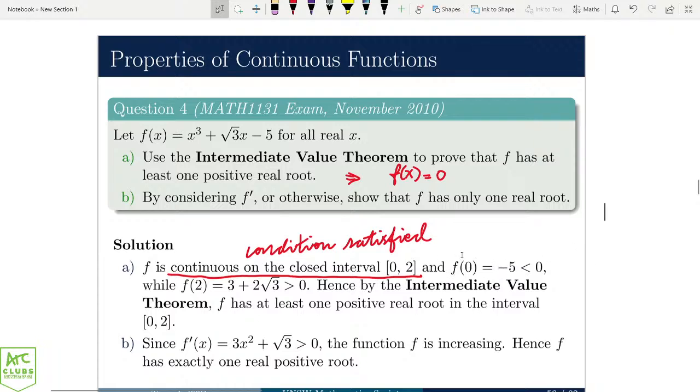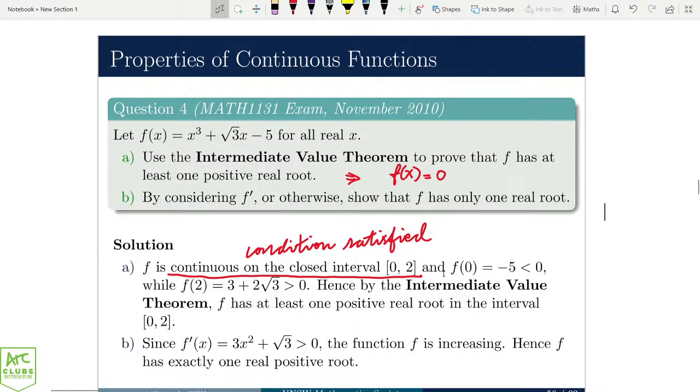So the next step for applying the intermediate value theorem is to calculate the values of our endpoints, so our function at the boundary. So here we've calculated f(0) to be -5, which is smaller than 0, and then f(2), on the other hand, is greater than 0. So as you can see here, one of our endpoints is smaller than 0, and one of our endpoints is greater than 0. So when you're picking your interval, as long as they yield a negative number and a positive number, it doesn't really matter what you pick to be your interval.